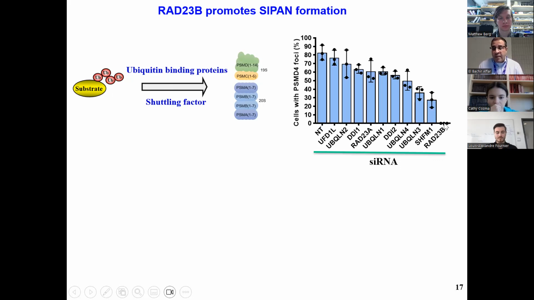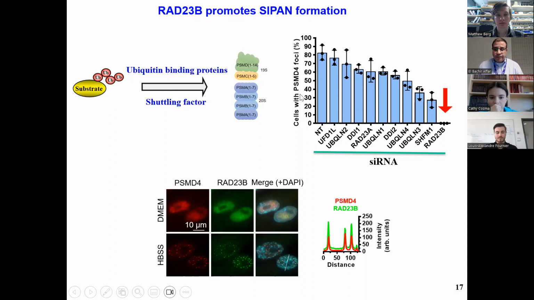and one of them, actually RAD23B, when we knock out or knock down RAD23B, we can see a very nice, or dramatic, I will say, decrease of proteasome foci formation.